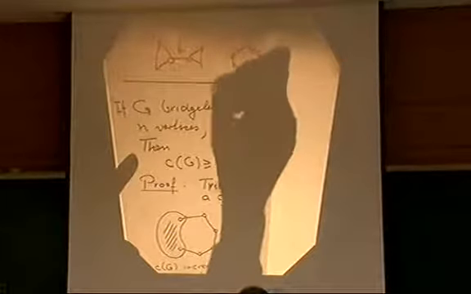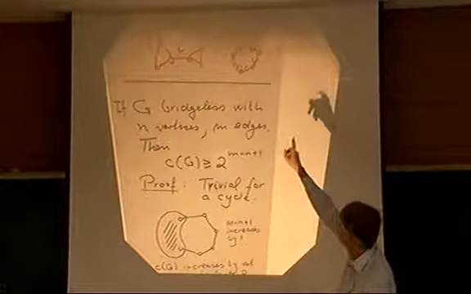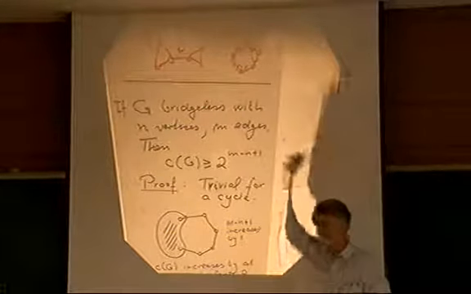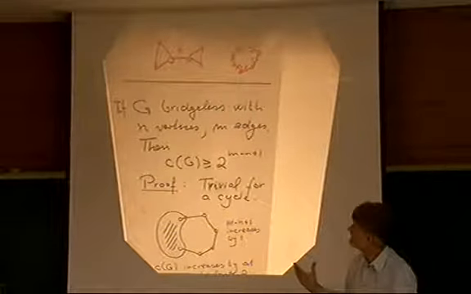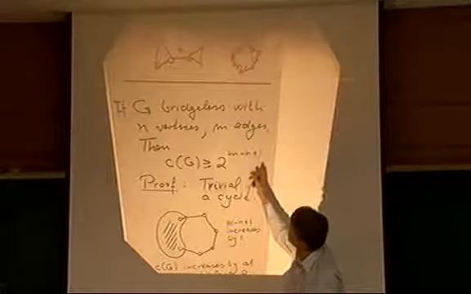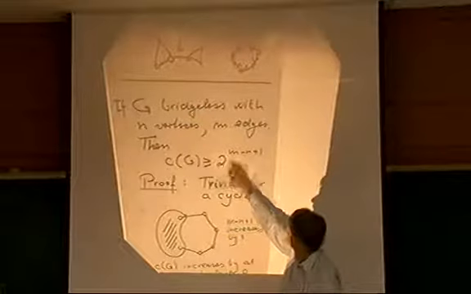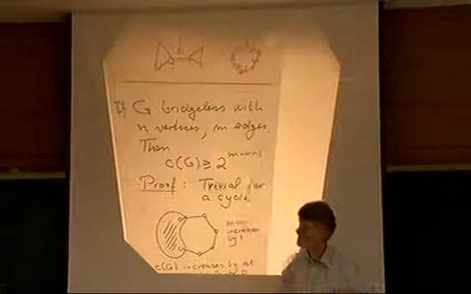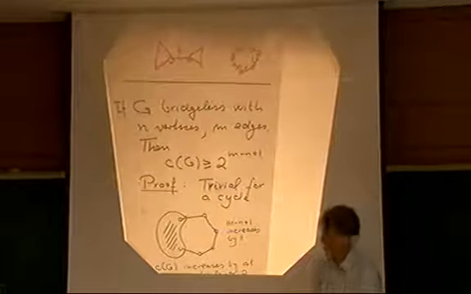So if this edge is like this, then all the other edges should be directed like this. So that's one totally cyclic orientation, and then you can reverse it and let all the edges go in the other direction. But there are only these two. But let's look at this number here. When we have a cycle, well, then these two numbers are the same, and we just get the number 2, and that's okay. So the number of totally cyclic orientations is at least this when we have a cycle.